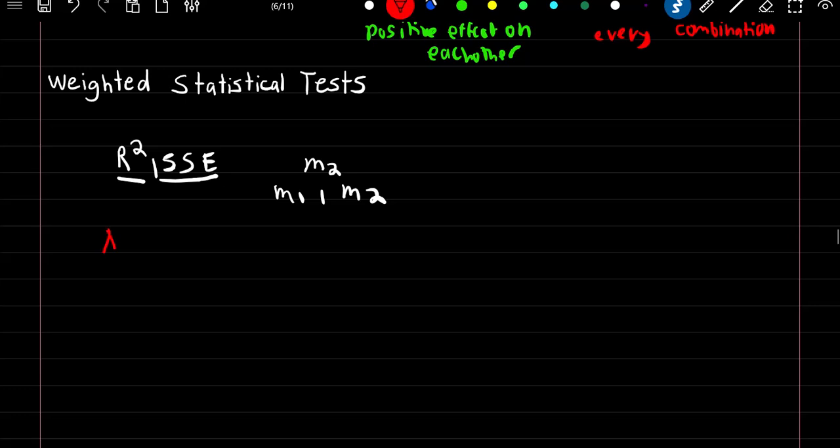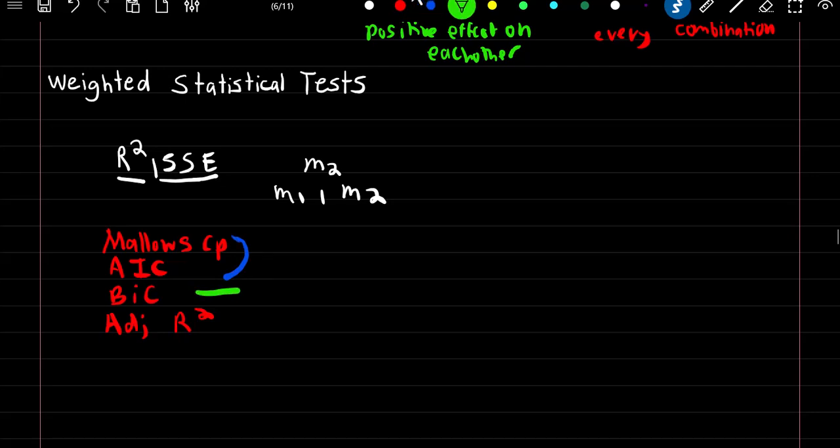Our options for this are Mallow's Cp, AIC, BIC, or adjusted R squared. Mallow's Cp and AIC will arrive at the same solution, and BIC is going to weight predictors more heavily.